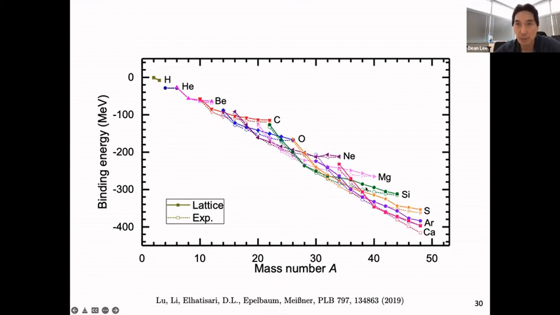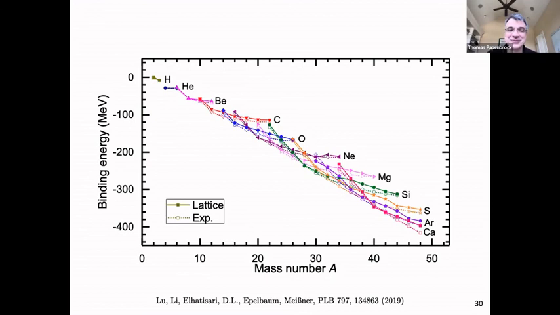There are shell closures and subshell closures that are described by spin-orbit interactions, which come from pion exchange, the tensor force of pion exchange. We are now able to do these calculations using some new techniques that I'm not describing in this talk, and we do see the improvement coming from the tensor force. So we can reproduce all this, but better with the one-pion exchange. Thank you. Sure.